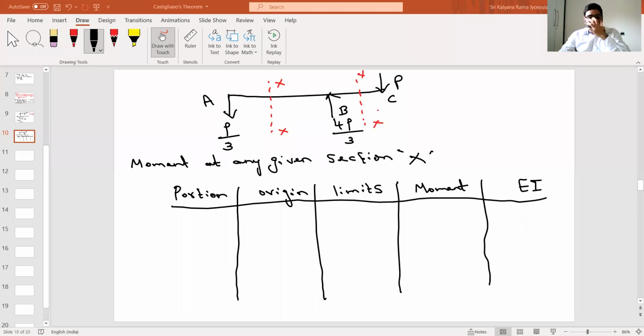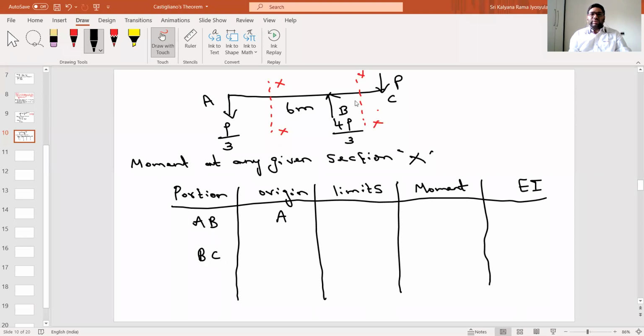Okay. Now, how many portions are there? The entire beam is divided into two portions. One is AB, another one is BC. Now, if I take the AB portion, I can take anything as origin, either A or B. So let me take it as A here.